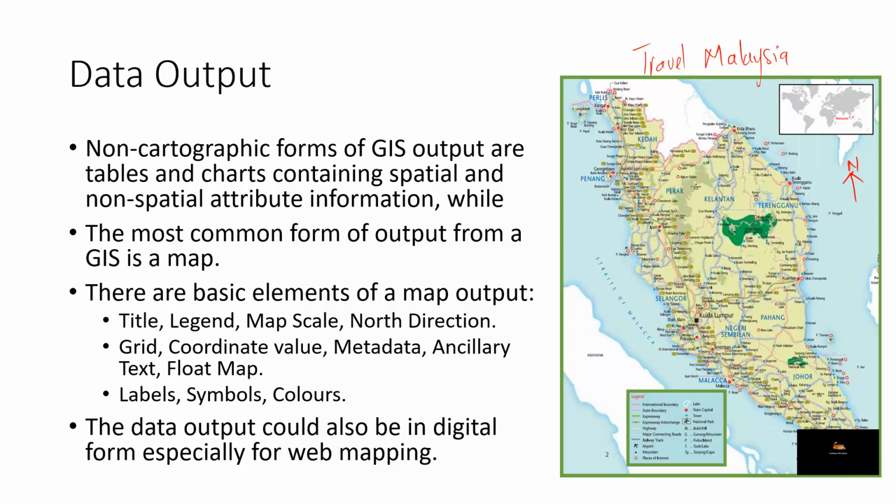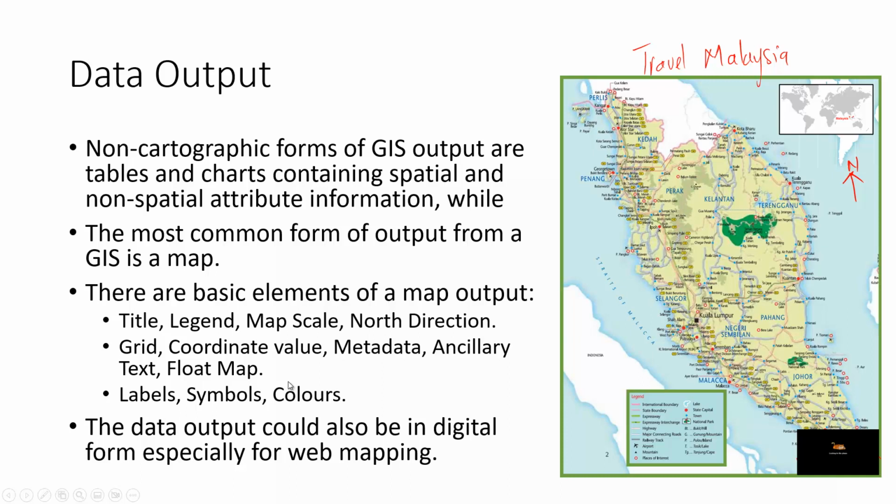Every 1 centimeter here represents, I don't know, 50 kilometers. I'm not sure, right? And the grid, coordinate value, metadata, ancillary text, float maps.